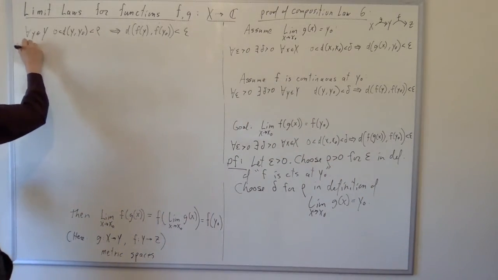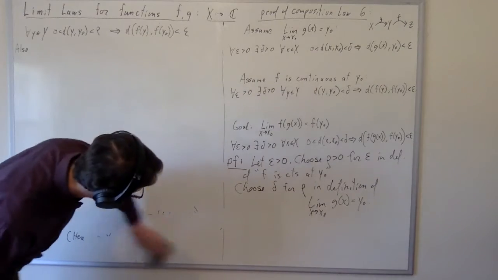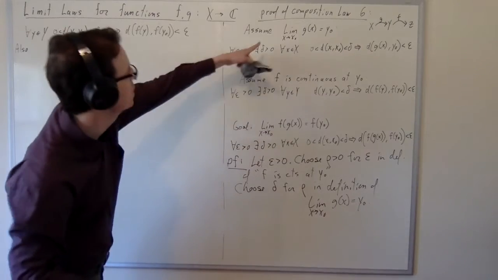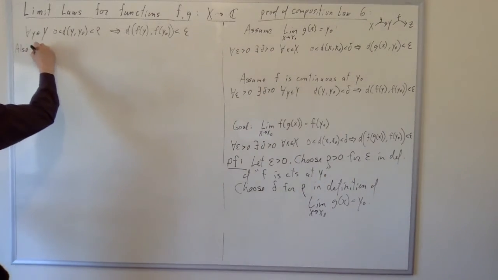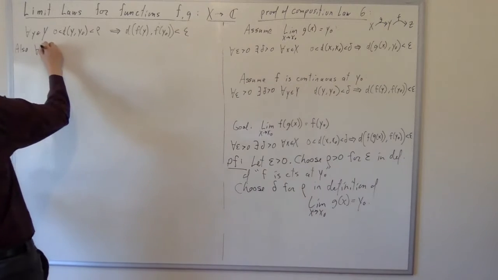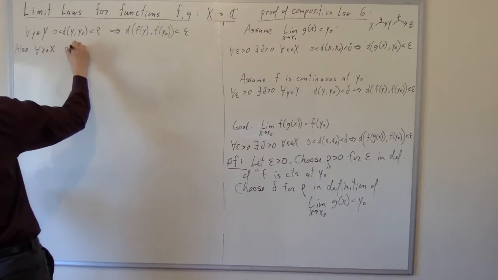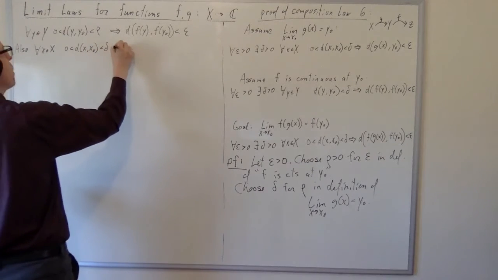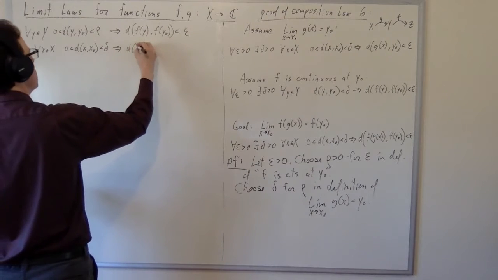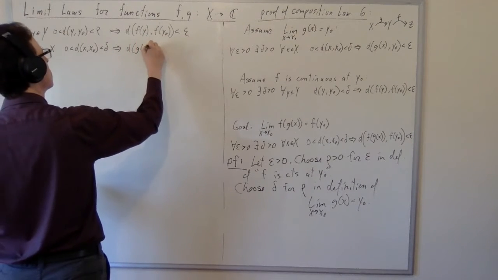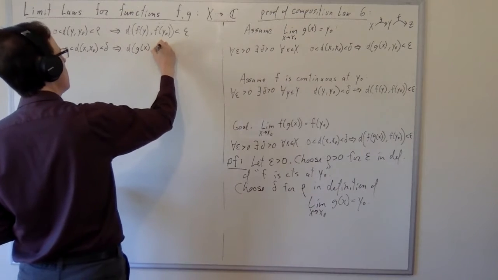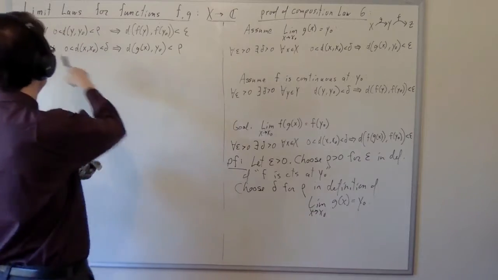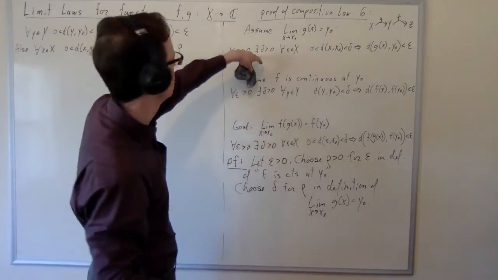So also, we know that because of the way that we chose delta for rho in the definition of this limit up here, we know that for all x in the metric space x, if the distance between x and x naught is less than delta and greater than 0, then the distance between g of x and y naught is going to be less than rho, because we chose delta for rho in this definition.